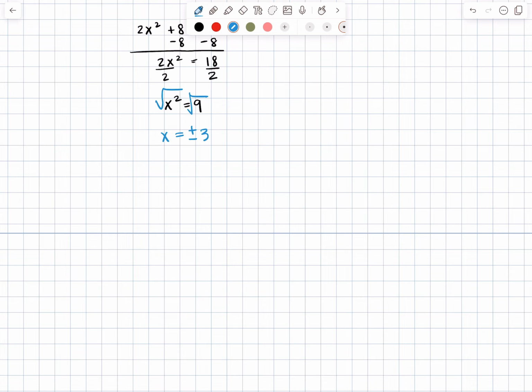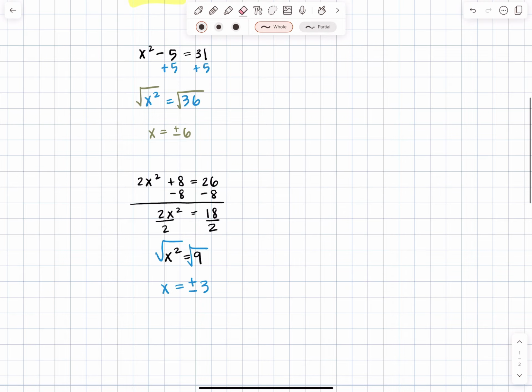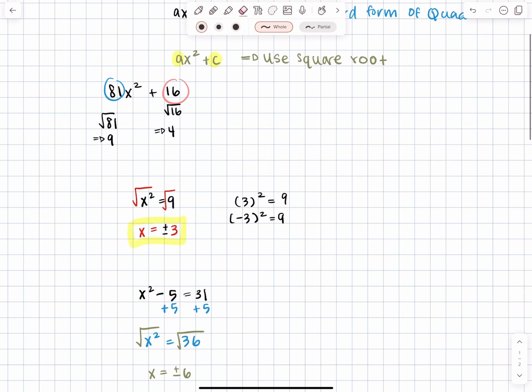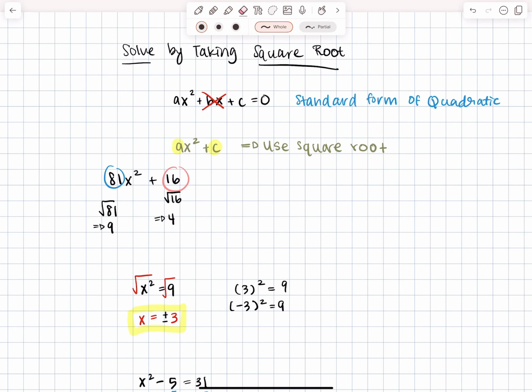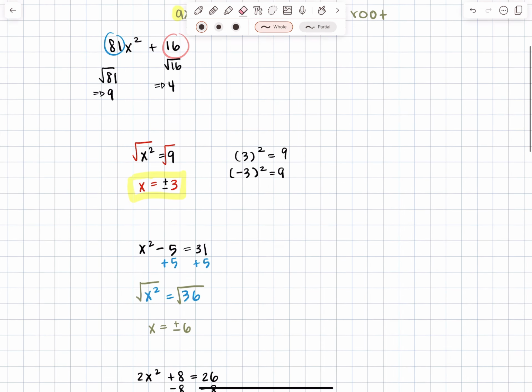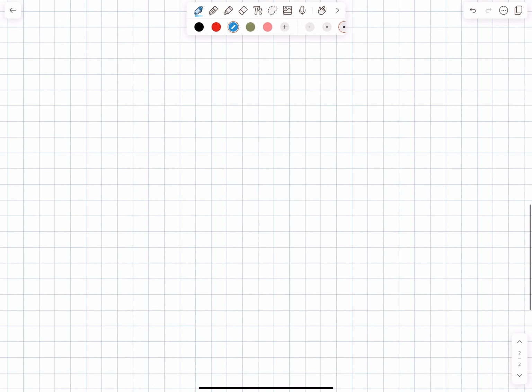You're not always going to get perfect squares when you're solving by taking the square root, and it really helps if they are. But if you don't have an equation that equates to a graph, then you may use the square root method. Let me show you a couple of examples of that. Let's say we have x squared plus 7 equals 14. We subtract 7 on both sides, and we get that x squared equals 7.